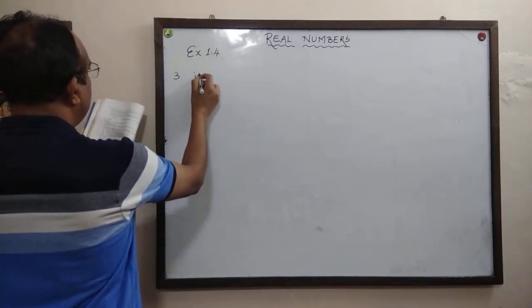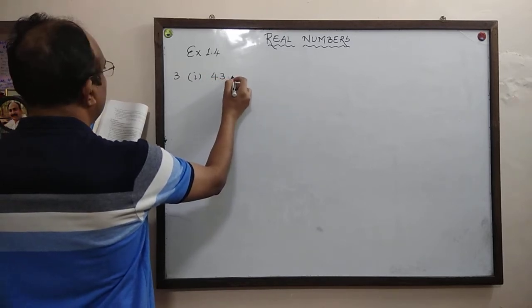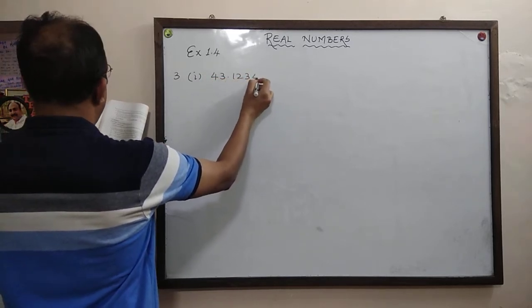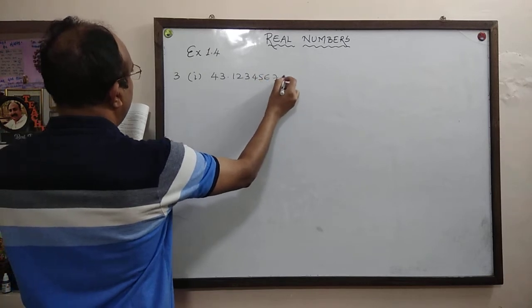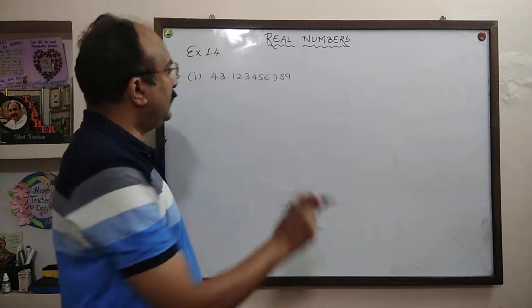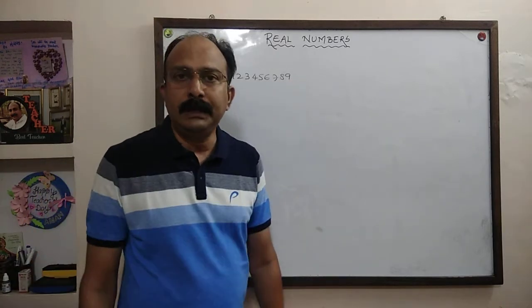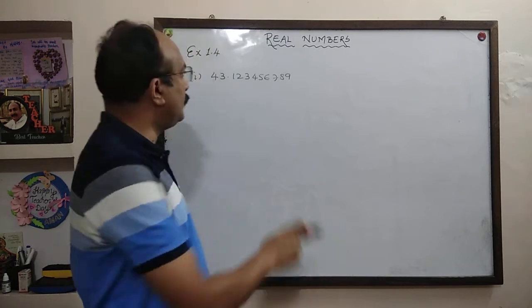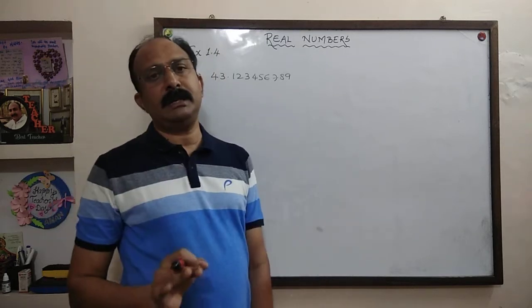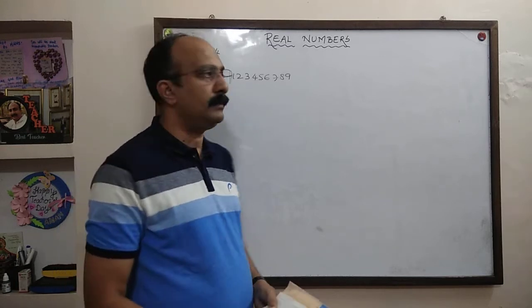Question number 3, first question. 43.123456789. Yes, we know that it is a terminating decimal. After 9, no other digit. So it is a terminating decimal. Every terminating decimal is a rational number.